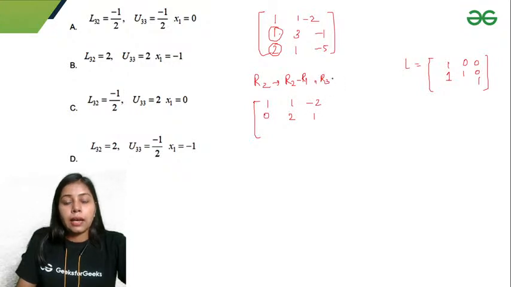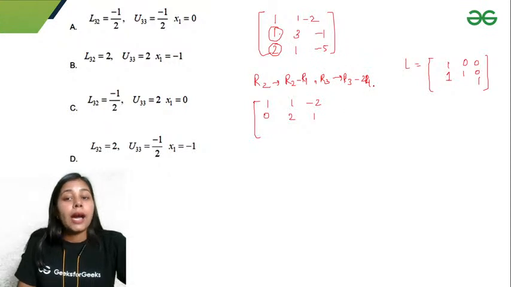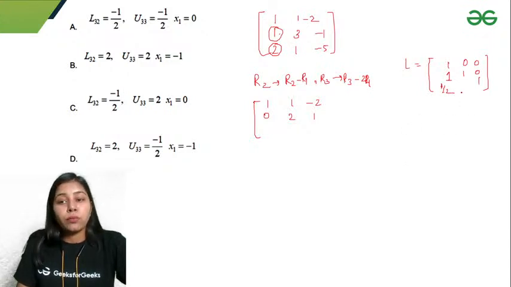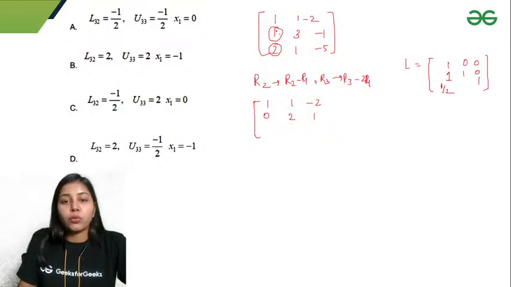And R3 tends to R3 minus 2R1. I am subtracting 2 times R1, so here in L I'll use 2, because I am subtracting 2 from here. So what would I get?